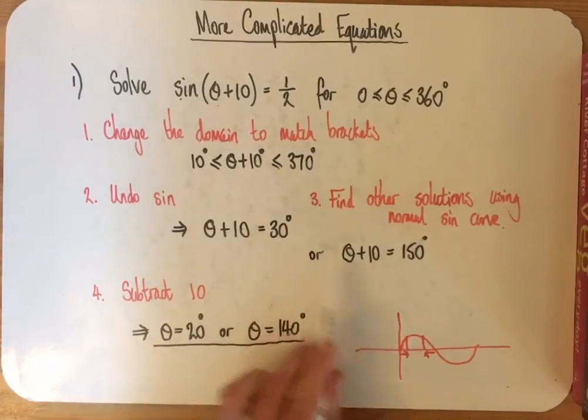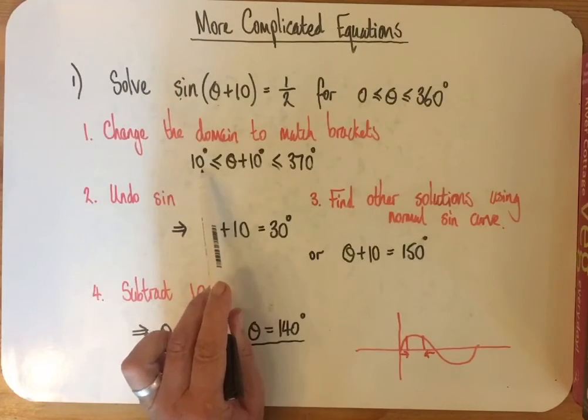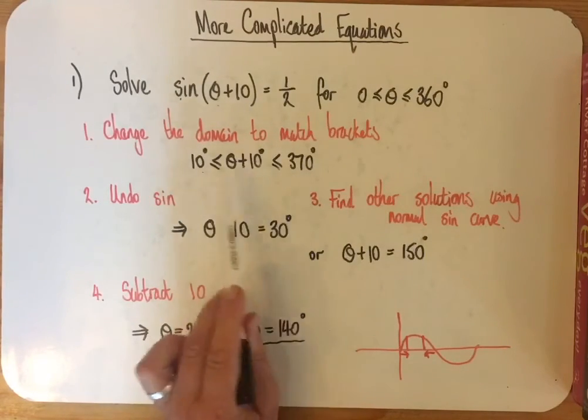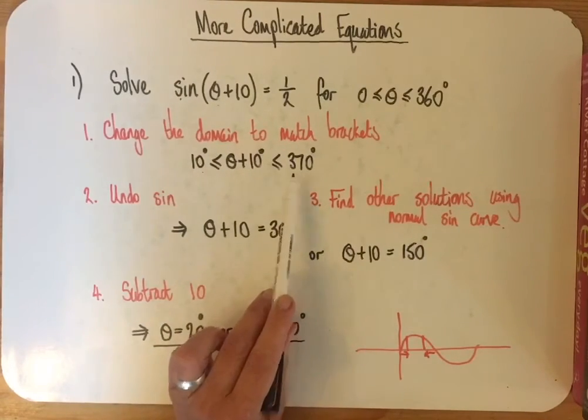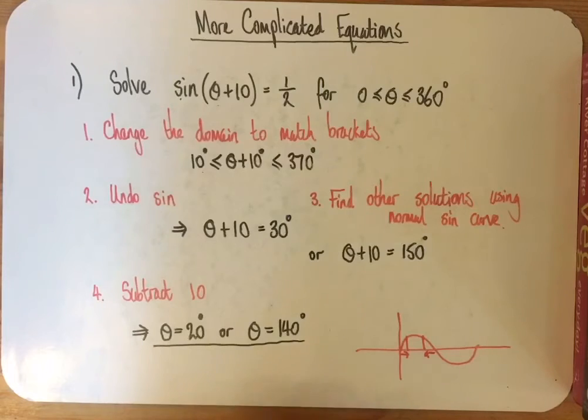When you're finding your other solutions, you're looking for other solutions between your adjusted domain. So I'm actually looking for solutions between 10 and 370, but you do use a normal sine curve for that.